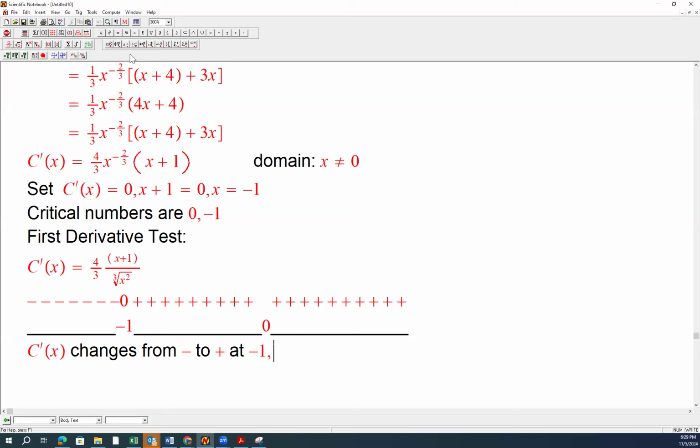So the function C of x has a local minimum at -1.